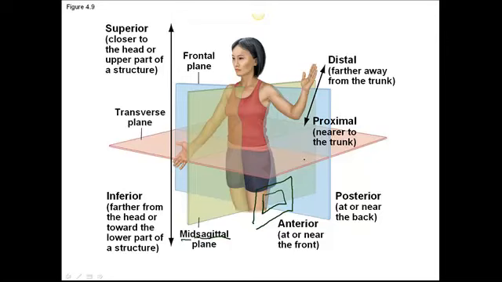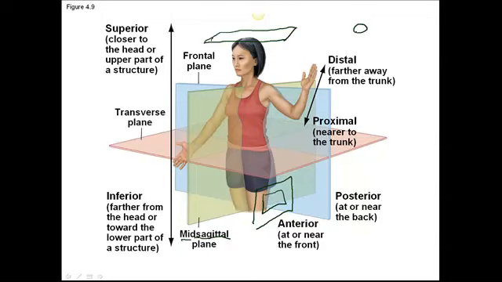Then you have this transverse plane. It's also called the horizontal plane, and this is just one that they put here, but you can move it all the way up to the top. If you took a horizontal plane right here and looked at this section, what you would see is this, because all we're doing is cutting off the very tip top of her head.